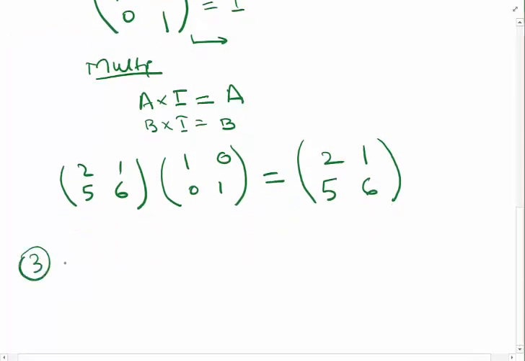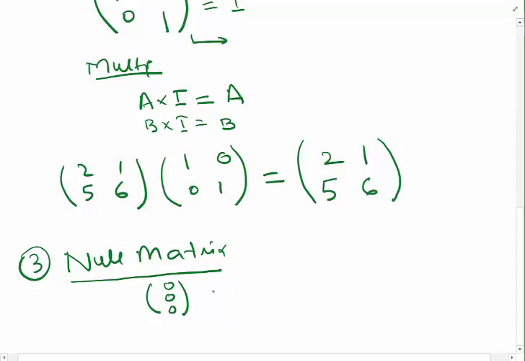Now let's talk about the third type. It's called null matrix. What is a null matrix? A matrix of any order with all entries 0.